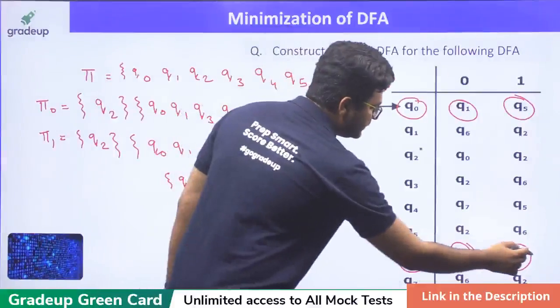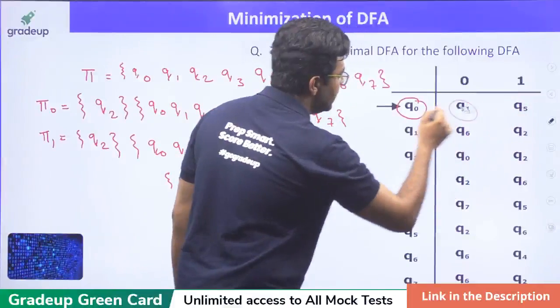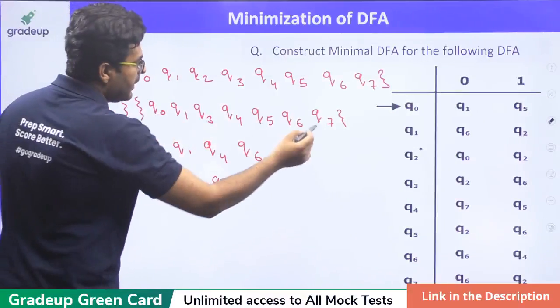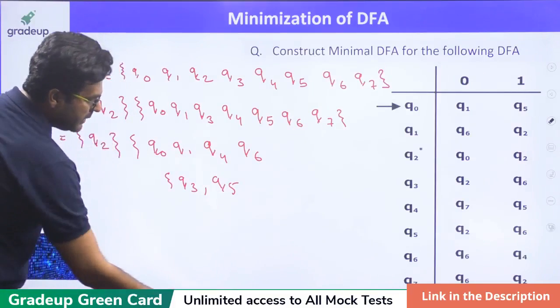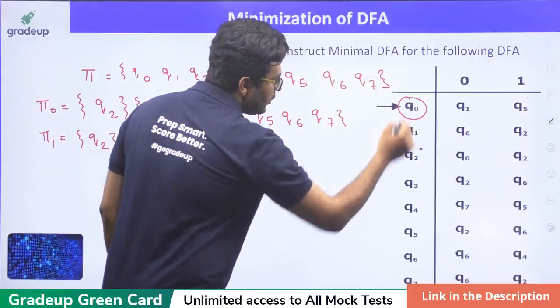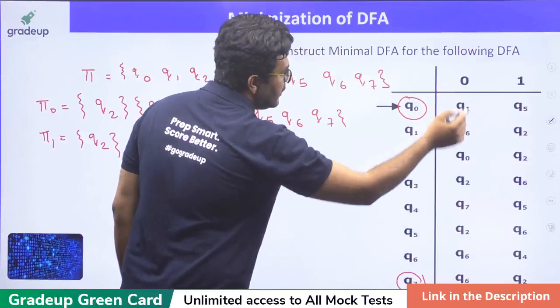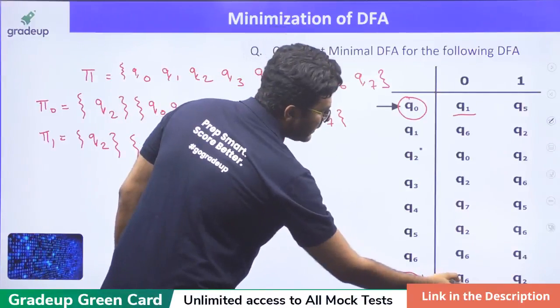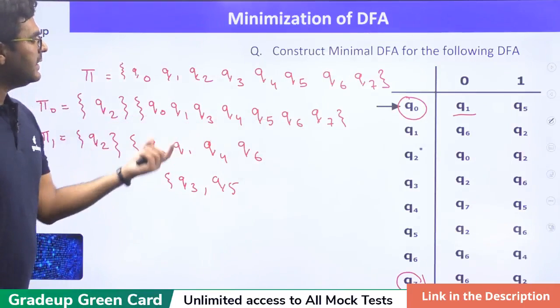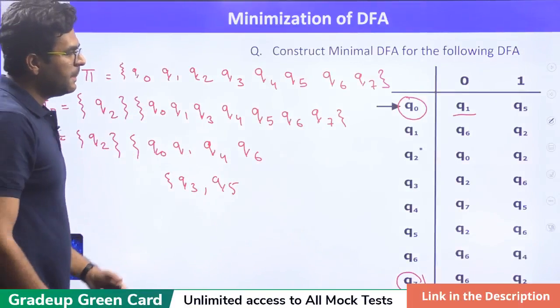Next state to check with Q0 is Q7. At the Q0 state, on reading 0, we approach the Q1 state and the Q6 state. Just check whether Q1 and Q6 are in the same set. Yes, they are in the same set.